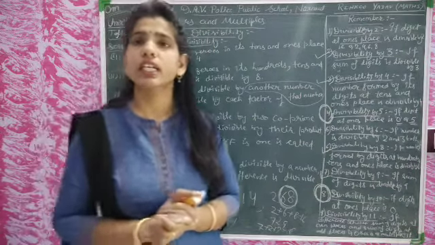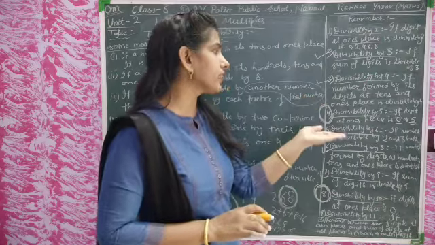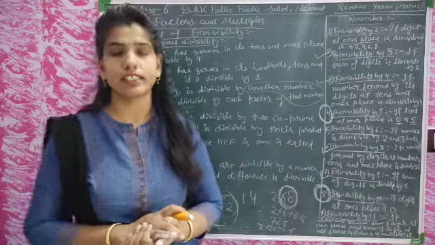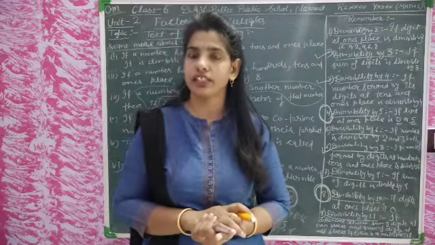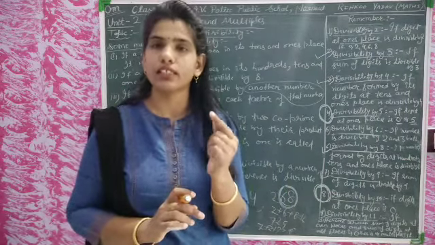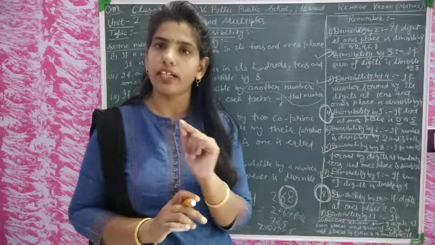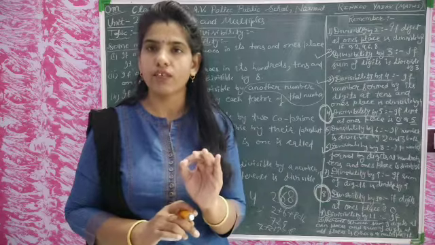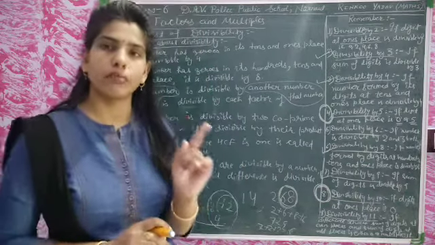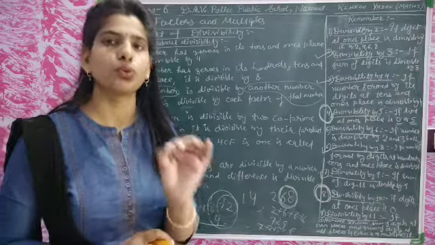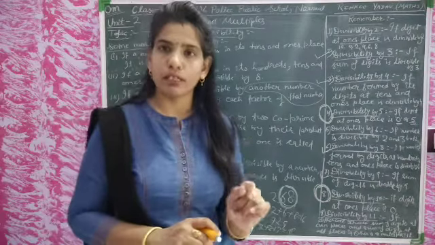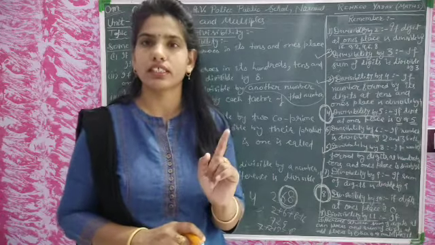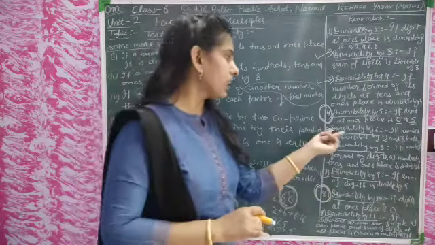Is it clear, students? Now there is the question of divisibility by 6. The prime factors of 6 are 2 and 3. If a number is divisible by both 2 and 3, then that number is divisible by 6. Is it clear, students?